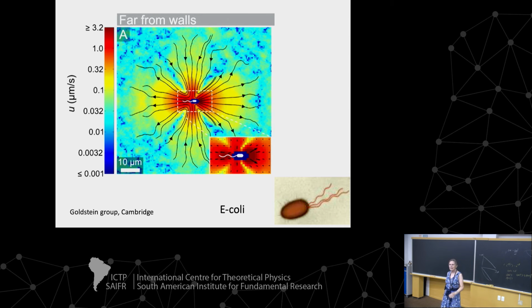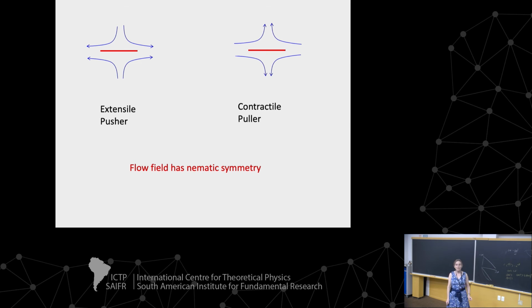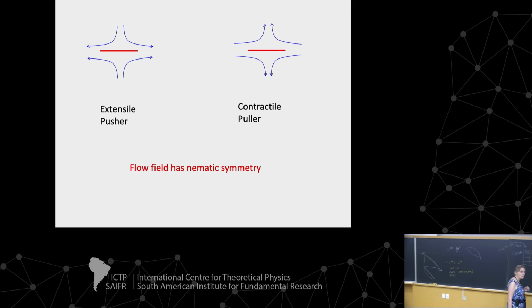And what turns out to be important about it looking like this is that it has nematic symmetry. It has symmetry so that if I flipped it over like this, it would look the same. The flow field having nematic symmetry turns out to be very important when we're looking at these active nematics.